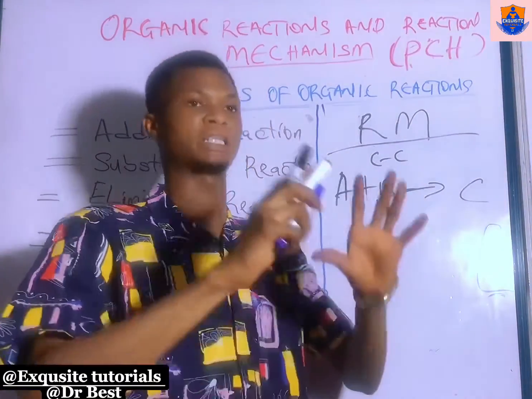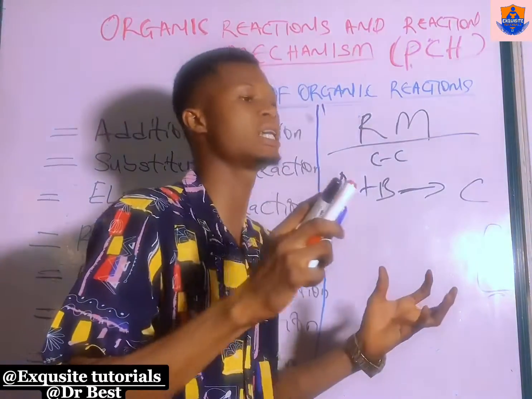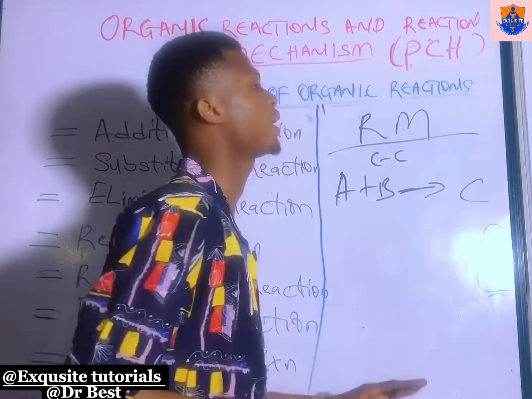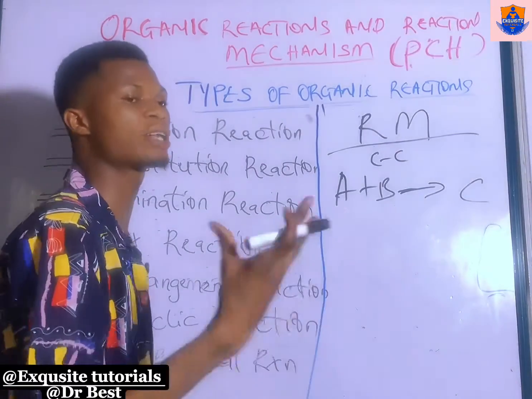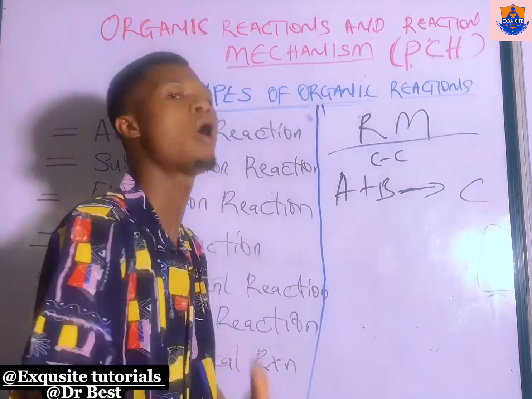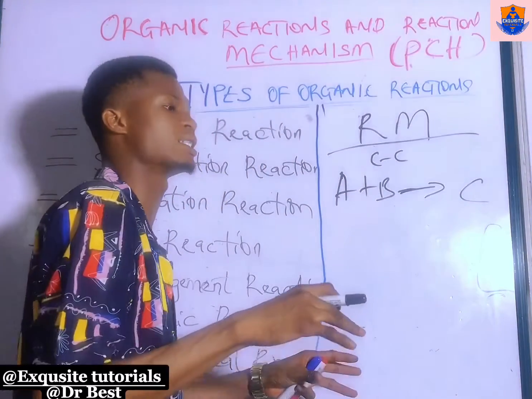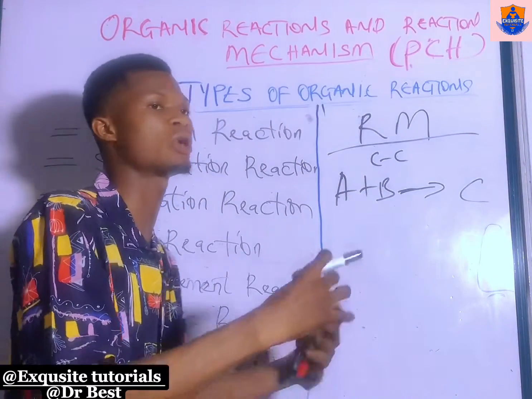Now, in this particular course, when you are taking an exam, you will be required to write a lot of reaction mechanisms of many reactions to show that you understand what happens. The reason you need to understand a reaction mechanism is so that you can know what happens.